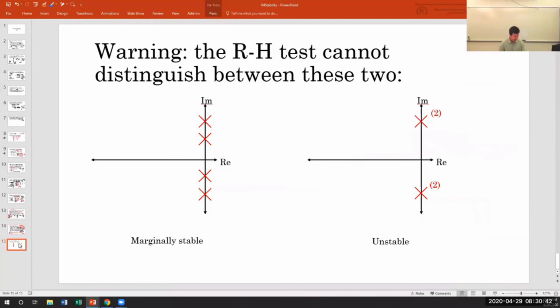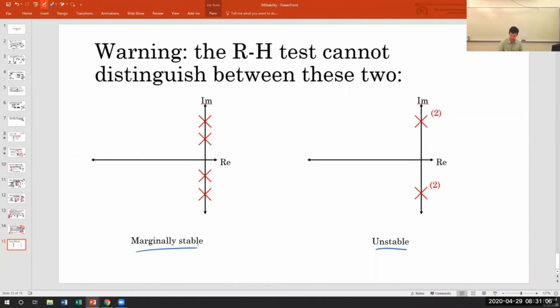Okay, last little bit on Routh-Hurwitz is a warning, and that is that we led off, up at the very top of this slide deck, we talked about how this is an unstable system on the right, whereas this is marginally stable. And in some contexts, that's an important differentiation.